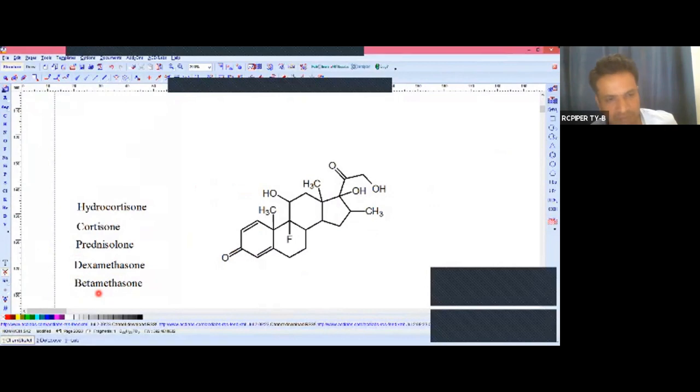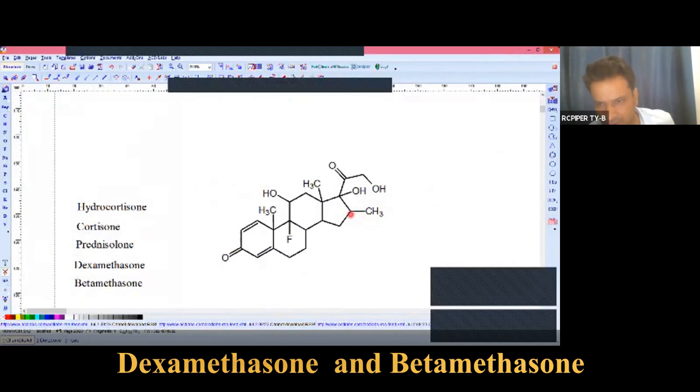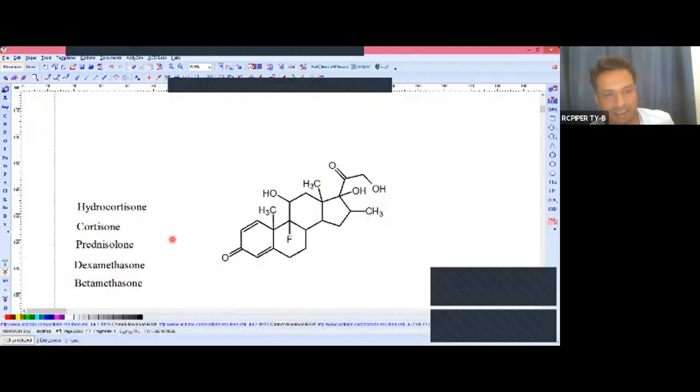Now you know the major difference between dexamethasone and betamethasone. In dexamethasone, the bond from carbon 16 to the methyl group is an alpha bond, and in betamethasone this is a beta bond.